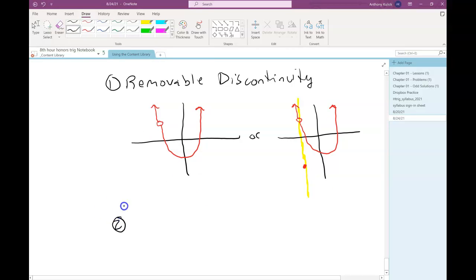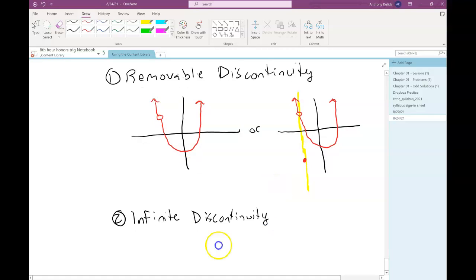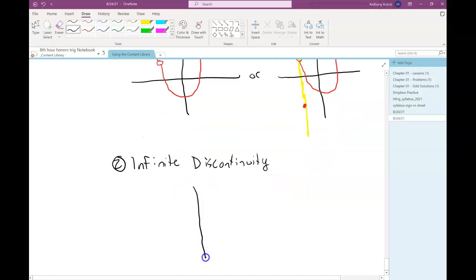Another type is an infinite discontinuity. What this looks like is something we've also seen before.